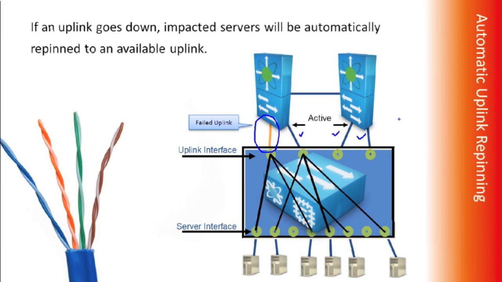What the Fabric Interconnect does is it starts flooding out gratuitous address resolution protocol frames, GARP frames, so that there is a quick relearning or repinning of these virtualized MAC addresses to remaining uplinks. So automatic uplink repinning is the default behavior.